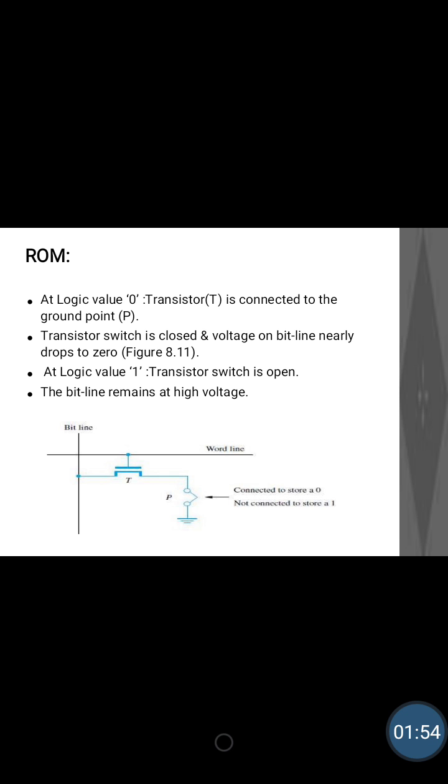When I close this P, the transistor is directly connected to the ground through P. Thus, whatever is available on the bit line will be grounded. That's why the logic level is taken as 0, isn't it? Logic 1 will be taken when the transistor is open, meaning the fuse is open, and the transistor will not be connected to the ground.